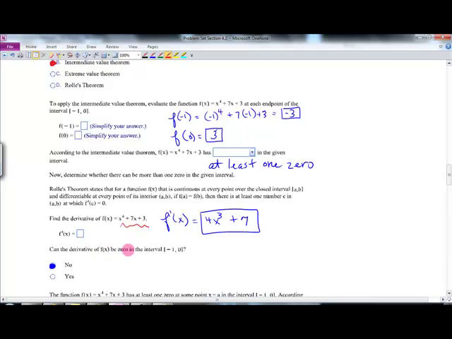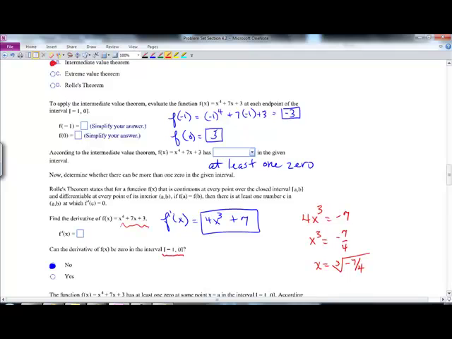Can the derivative be equal to 0 in this interval? Well, if you solved that for 0, you would get something like that. And so x would be the cube root of -7/4.